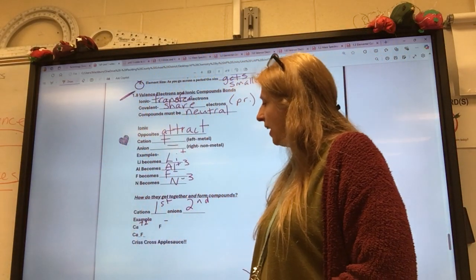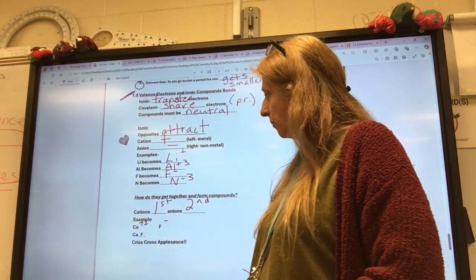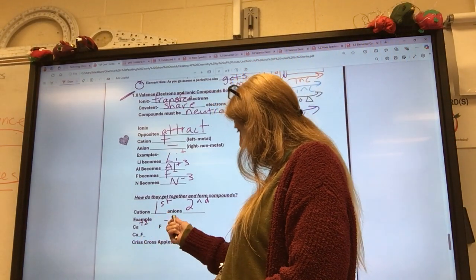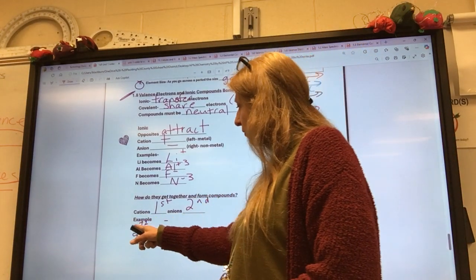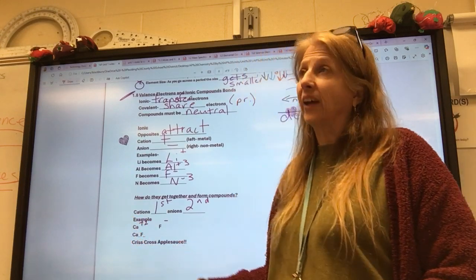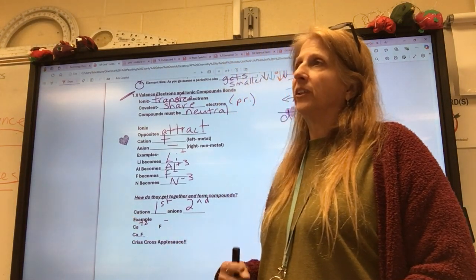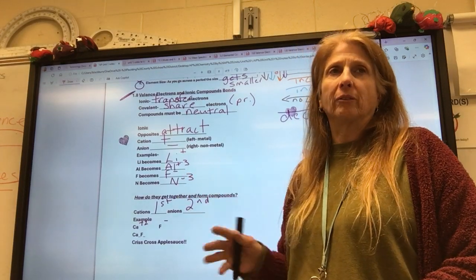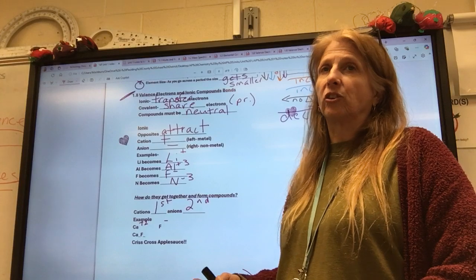Okay, so now we check to see if we do this math, if it equals 0. Is 2 minus 1 0? No. If it is, you just write them together. If it was calcium oxide that makes a -2, then you just write them together. CaO, squish them together. Okay? But if it's not 0, then we have to balance the charges.